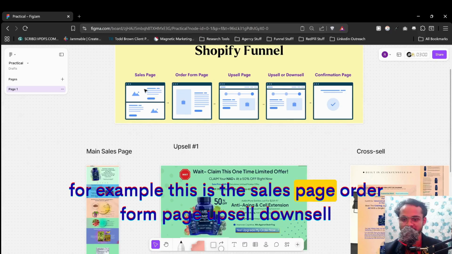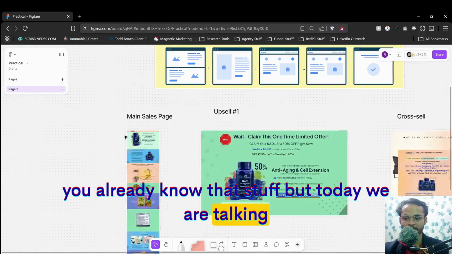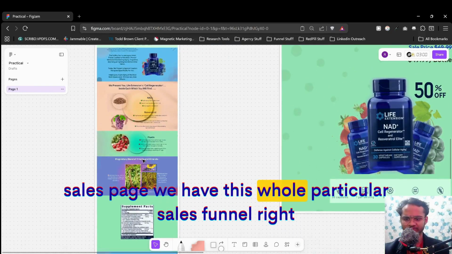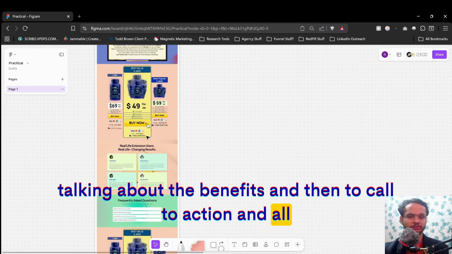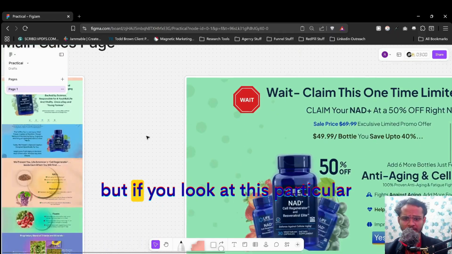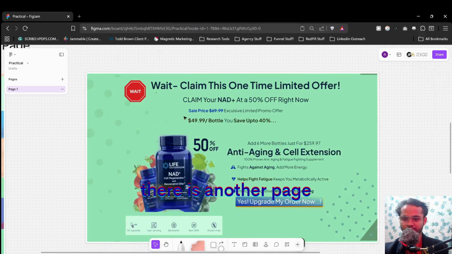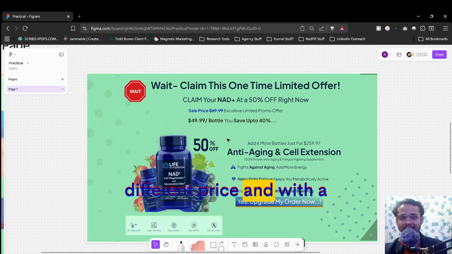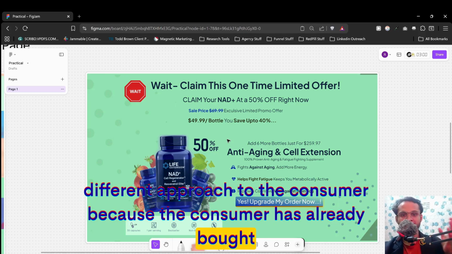For example, this is the sales page, order form page, upsell, downsell. You already know that stuff. But today we are looking at an example. If you look at the main sales page, we have this whole particular sales funnel, talking about the benefits and then the call to action, all that good stuff. But if you look at upsell one, here you see there is another page selling the same product but with a different price and a different approach to the consumer, because the consumer has already bought your previous product.